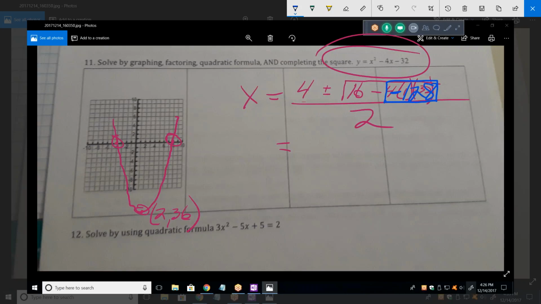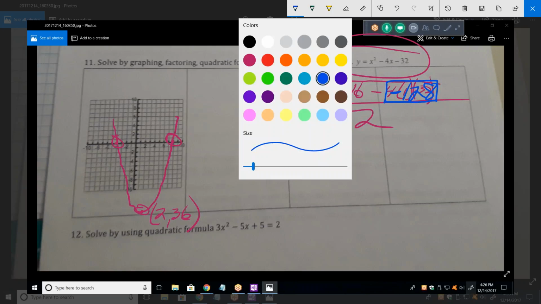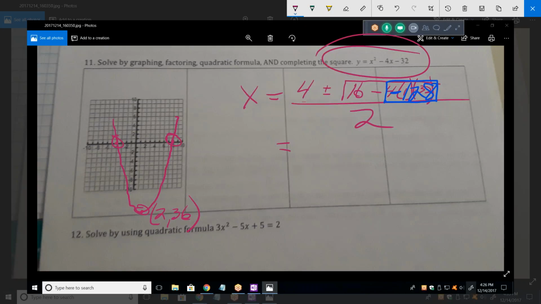What is 16 subtract negative 128? 144. Okay, what's the square root of 144? 12. What two answers does that produce?